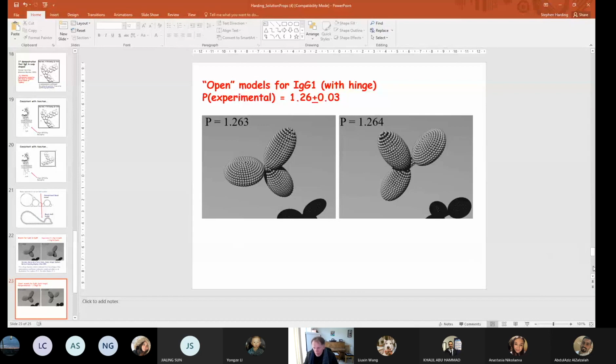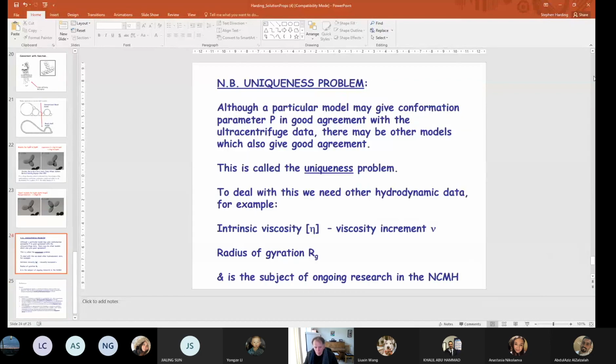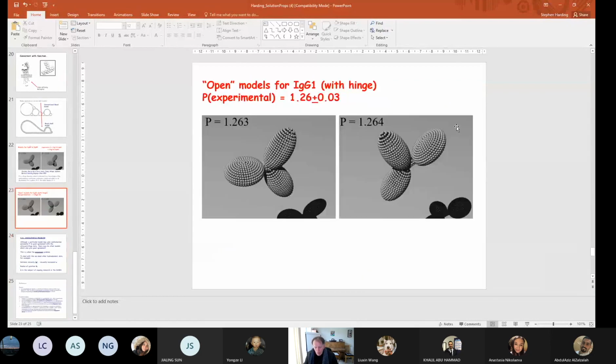But there is a slight problem with this type of modeling. Can anyone identify what this problem might be? Okay, well, I'll tell you.